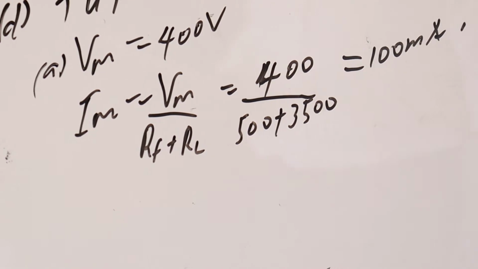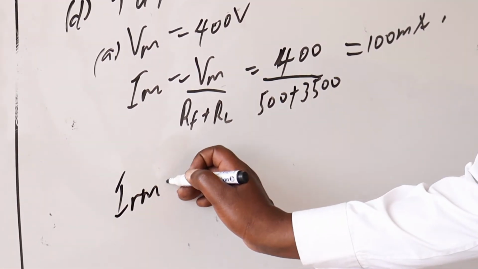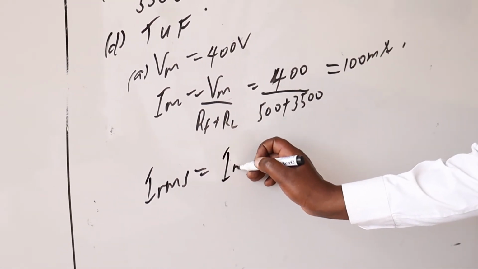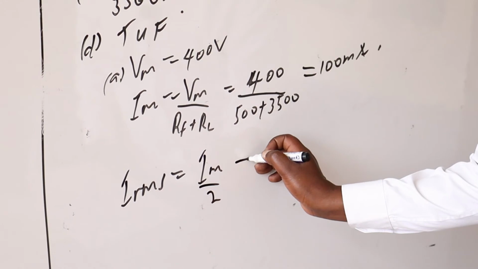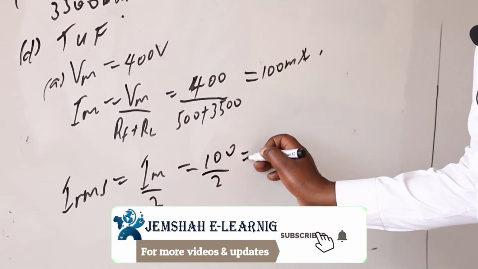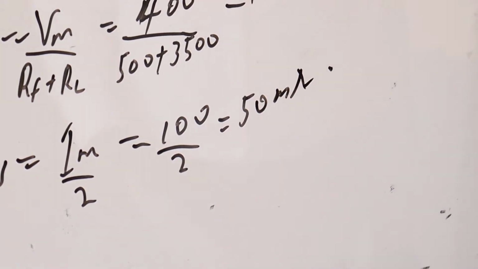Then we have to get IRMS, which is IM over 2. So we have our IM, that is 100 all over 2. It gives you 50 milliamperes.